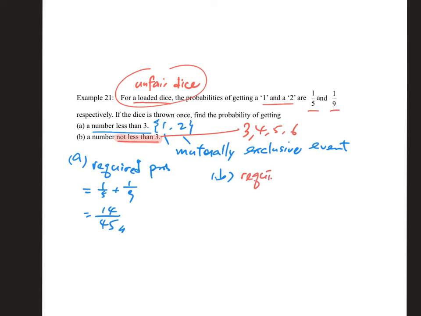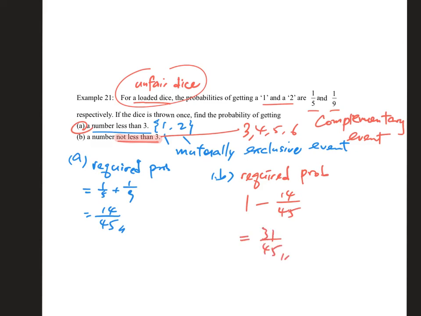As a result, you will see that it is the complementary event to part A. So that's why we use 1 minus 14/45, which gives you the outcome 31/45 very quickly.